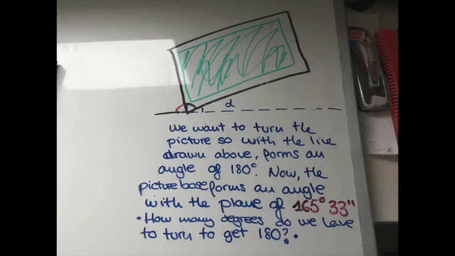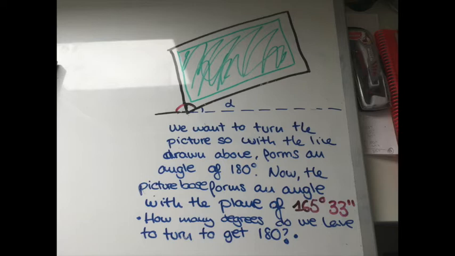Now, moving on to the next problem, we want to turn the picture drawn above, so that the line drawn above with the blue marker that represents the plane forms an angle of 180 degrees, or as it is also called, a flat angle.